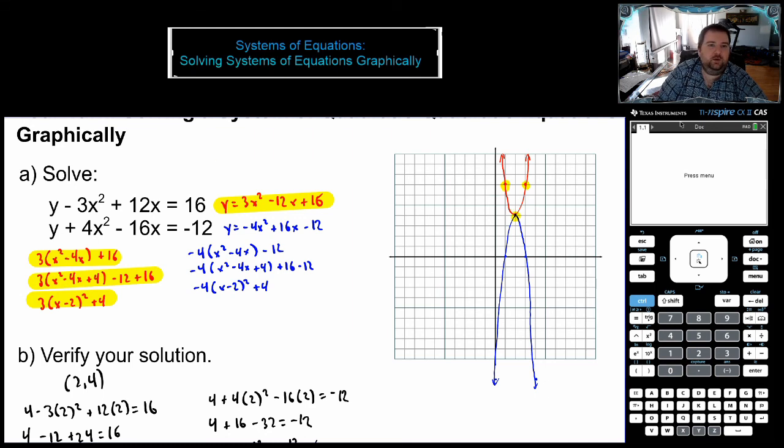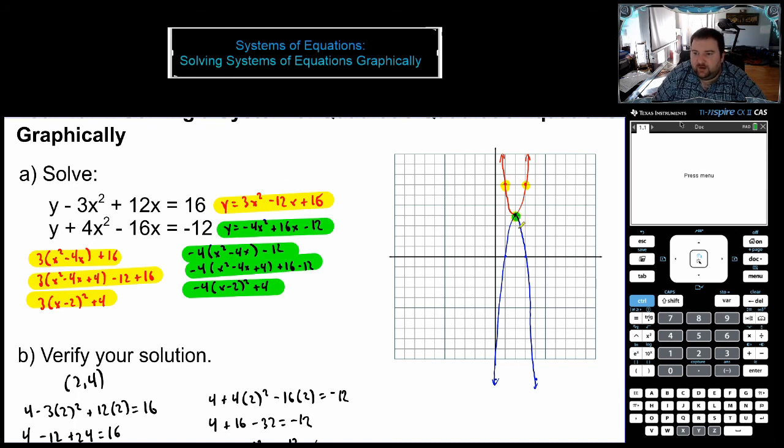Then we're going to try graphing the next one. So now we have this equation, and you're going to complete the square, and you get this right here. So vertex is 2 and 4 again. So there's a point of intersection, and it's open down because its a value is -4.